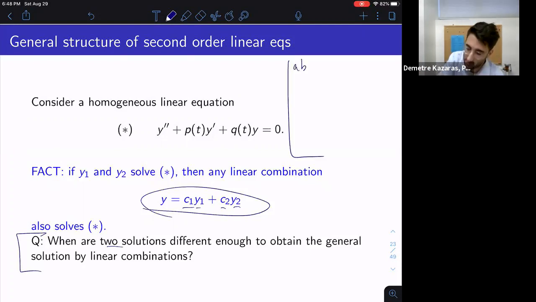So just to look at the above example, we had two solutions. Y1 was sine of t, and y2 was cosine of t.